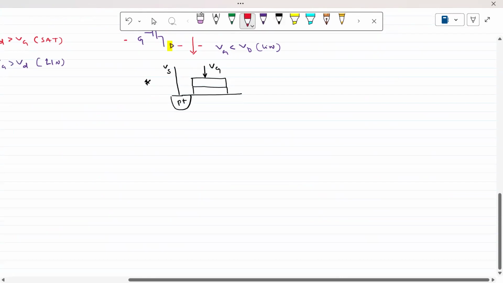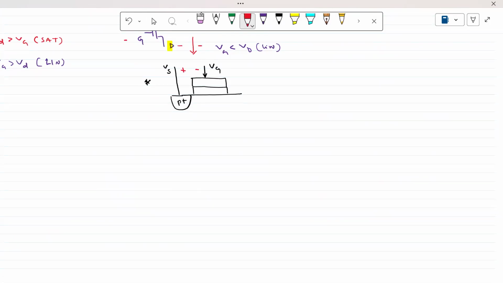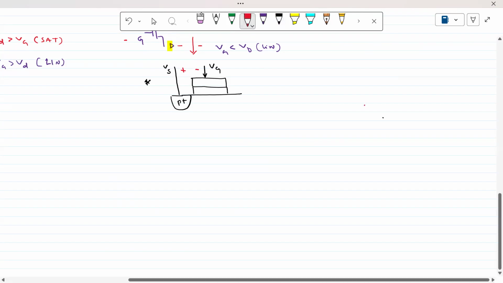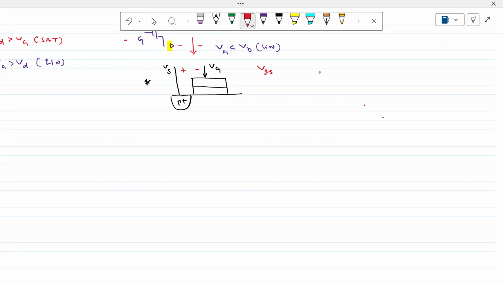So far we have seen it is negative and this is positive. Even though it is negative and positive, we have written only VSG. But what is the VGS here? A negative quantity. VGS is a negative quantity.